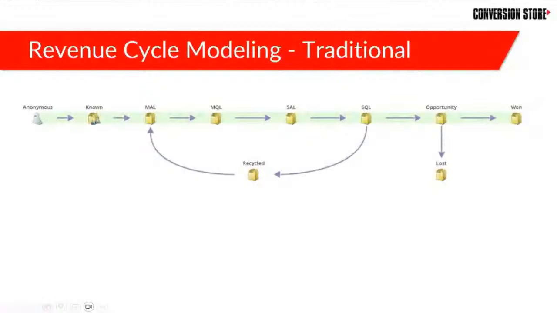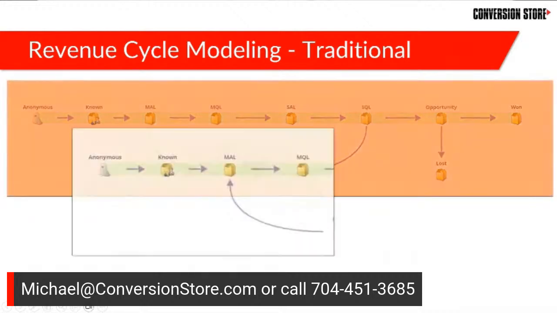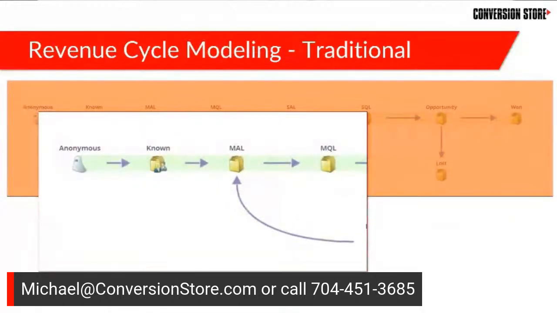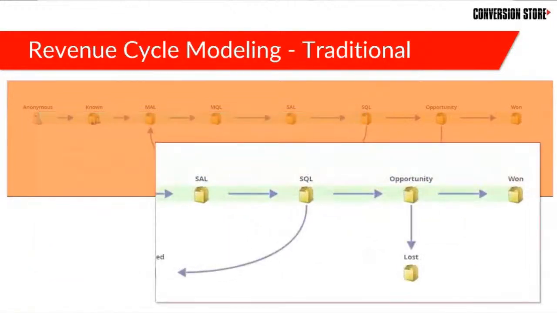This is that old school sales cycle side of things. Notice that it ends when you're closed won or if you're lost. That's it. It just takes you to the point of being a customer and then it ends there. There's just a hard stop, right? And historically, this left-hand side was marketing. This right-hand side was the sales side of the business.